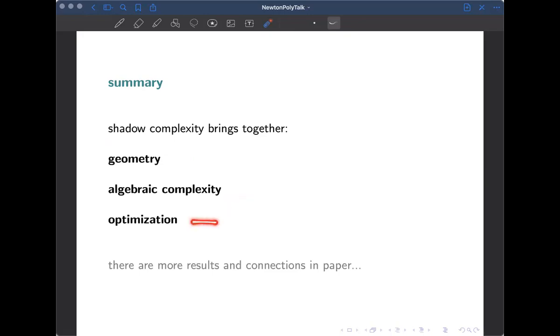And it appeared in optimization in the form of parametrized optimization and the connection to the PRAM model. So we do not yet understand this complexity measure, but it is a clean framework to study complexity type questions in a geometric framework, and it may lead to new understanding of two computational complexity worlds.